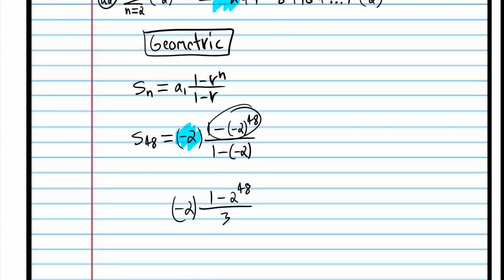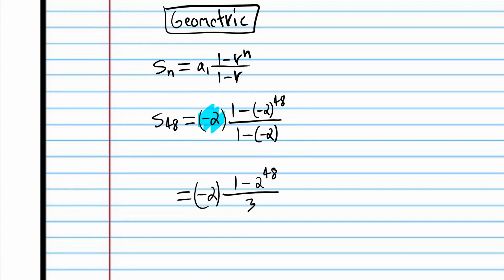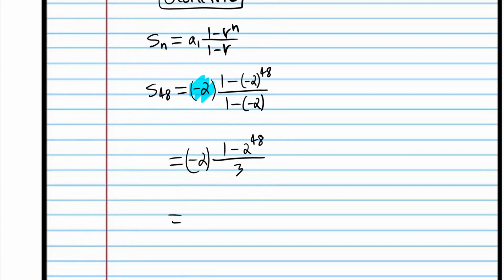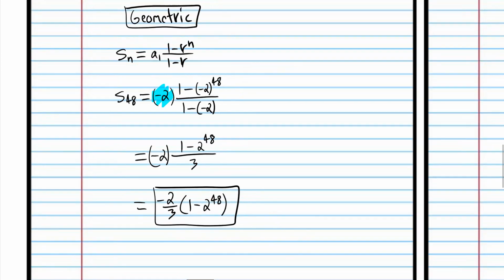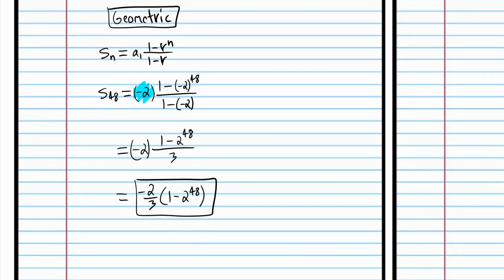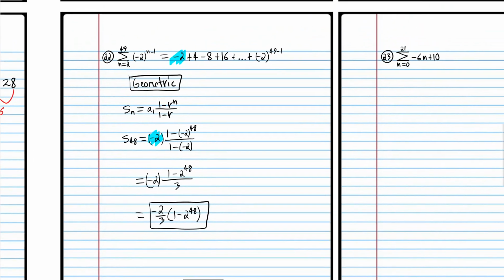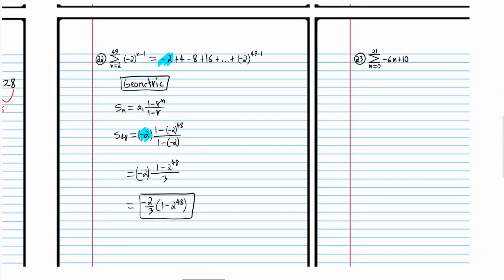In the homework, I'll give you both forms so it doesn't confuse you. So now we can take that 3 out, and we can put it in front to make things look nice and neat, and that is the final answer. So you may have your answer in a slightly different form, but that's okay, as long as when you do the math, it works out.